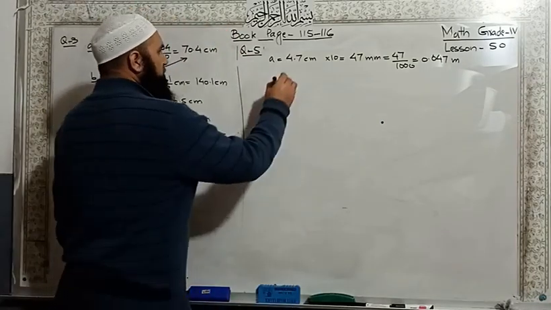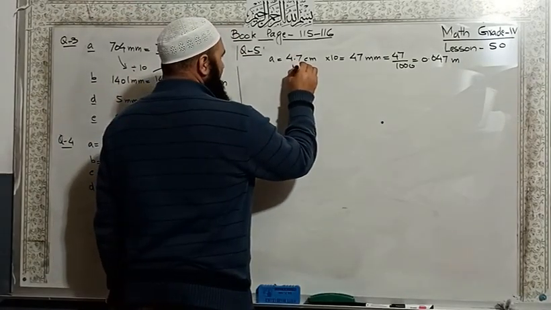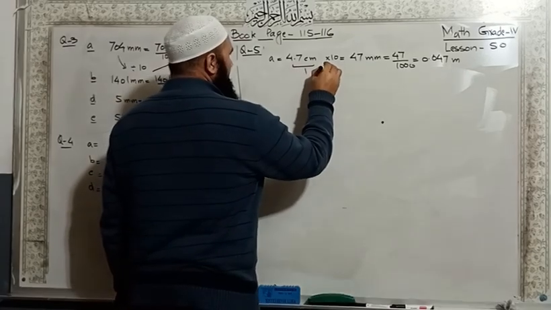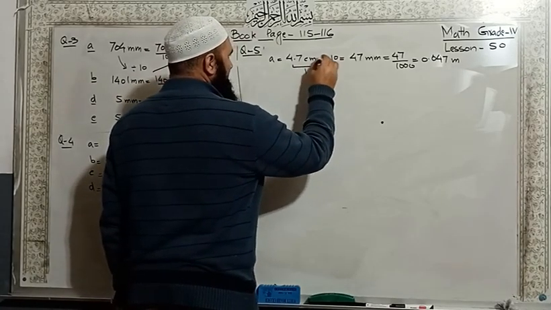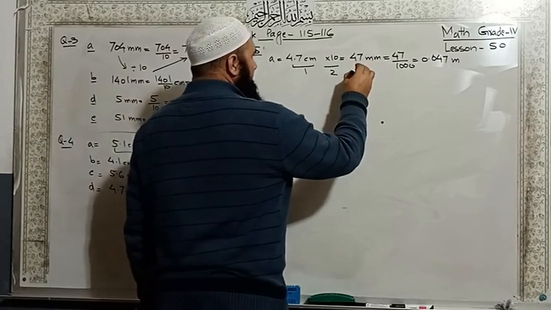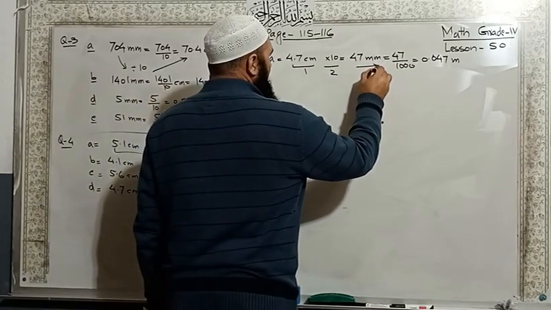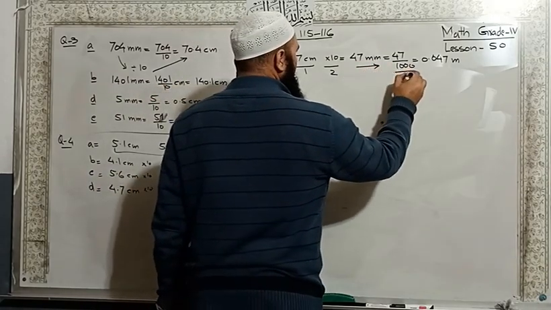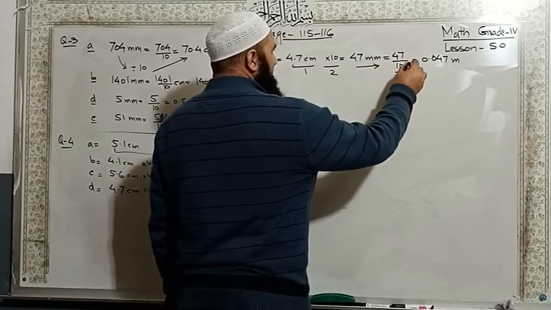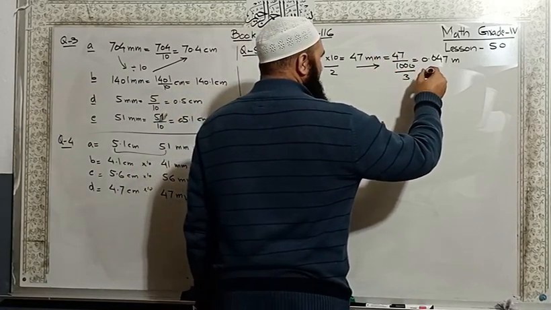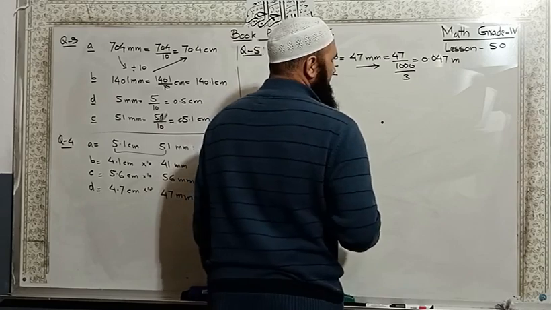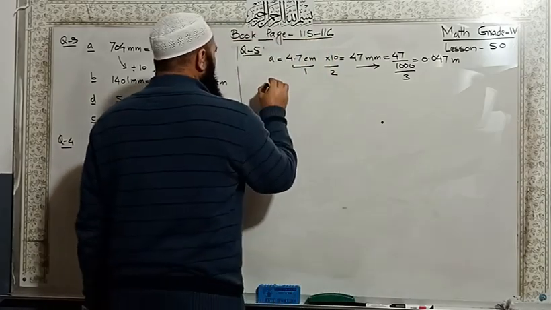So first we measure the length. This is our first step. In the second step, we multiply it by 10 to get millimeters. And now in the third step, we divide these millimeters by 1000, so we get 0.047 meters.